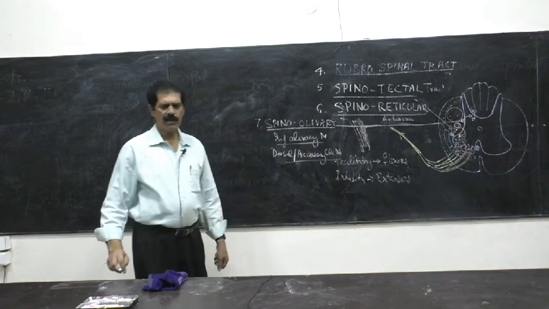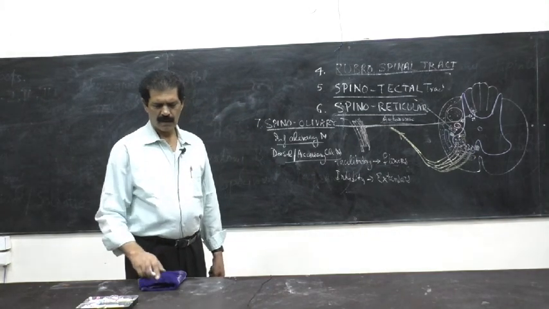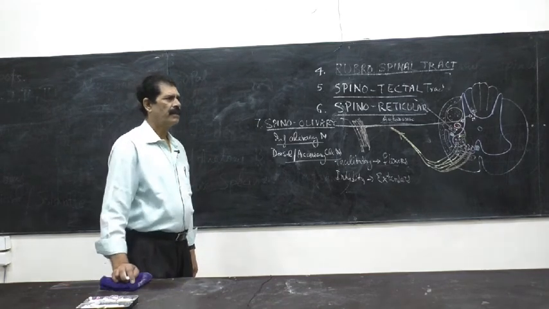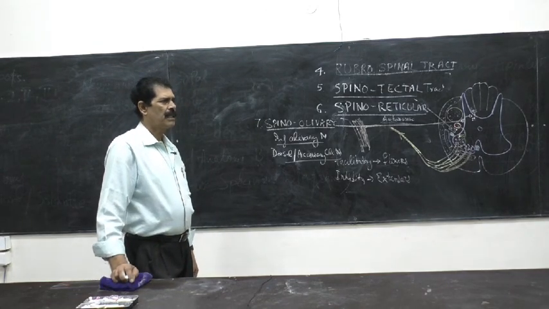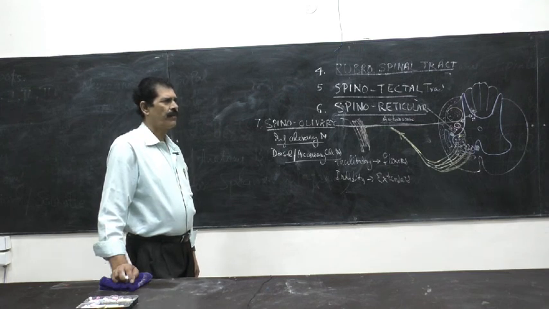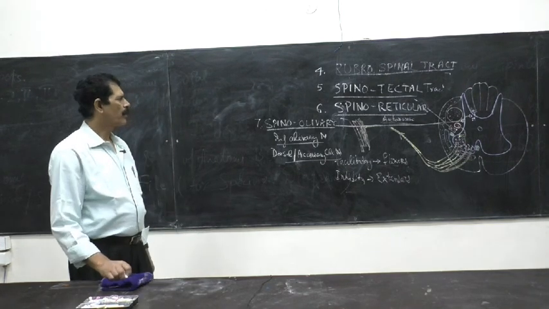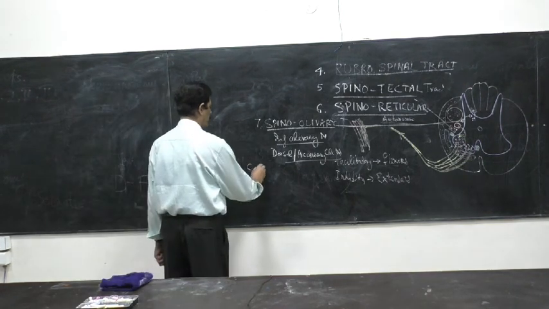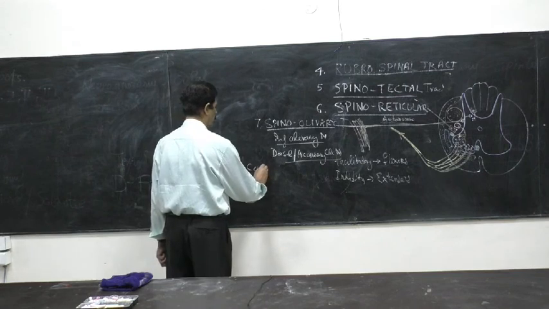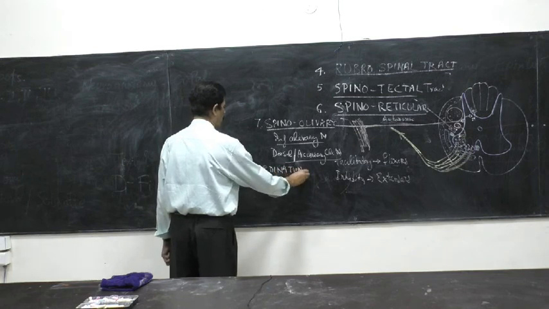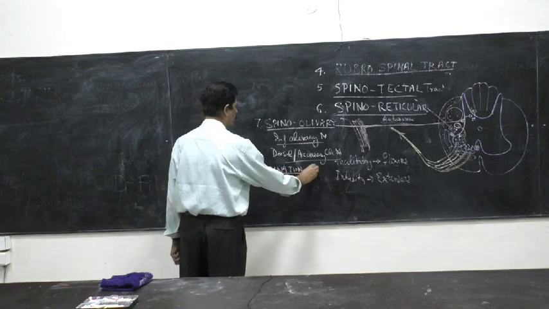Because of the olivary nucleus, they are functionally related to the coordination of muscular movements, coordination of voluntary muscular movements.